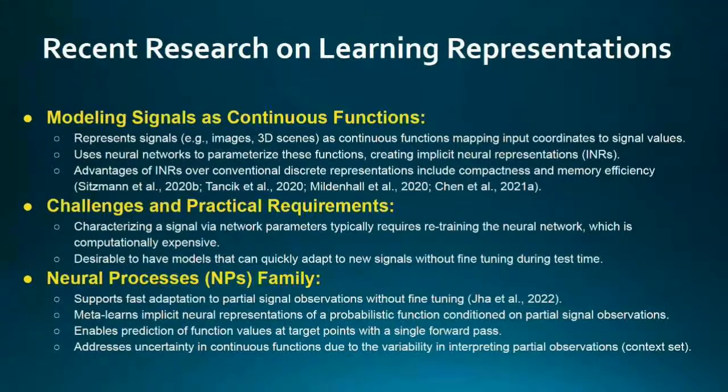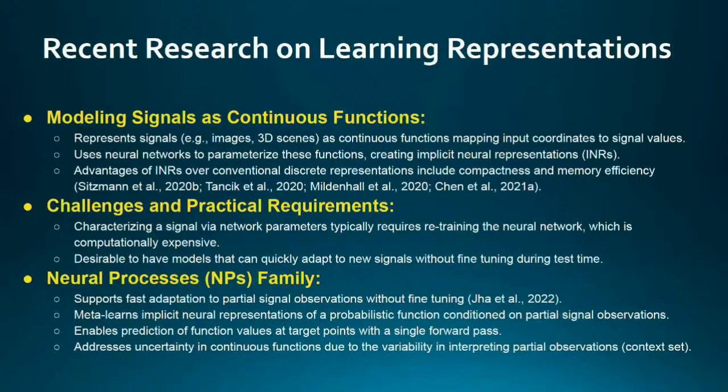Some of the recent research on machine learning application is showing all the challenges and applications, especially in light curves of AGN, of neural processes, and the continuous functions that can represent discrete functions that we actually have as light curves.